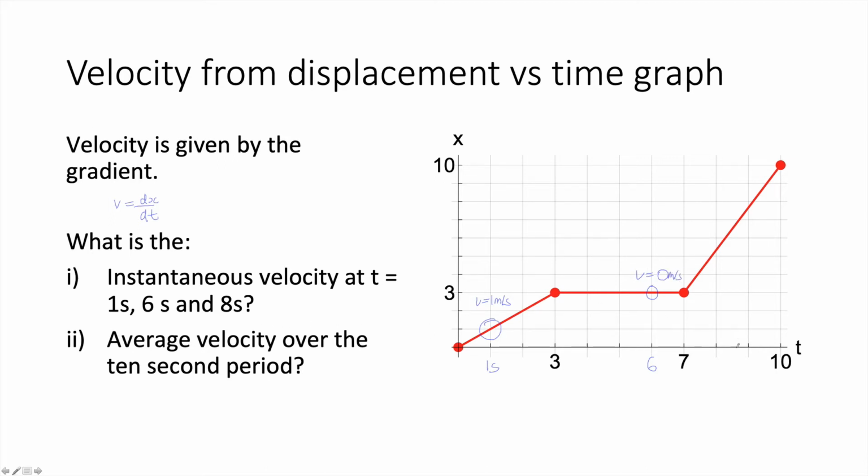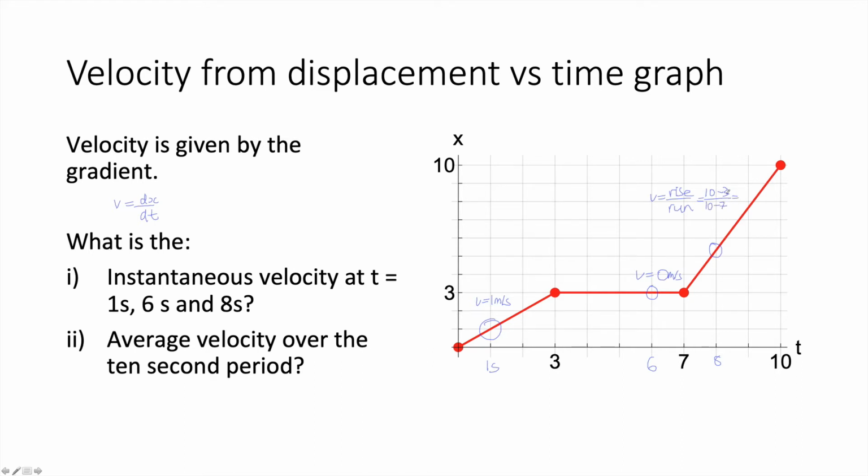And then at 8 seconds. So 8 seconds is here. Now we're trying to work out what's the velocity here, so we need to know the gradient for this part. The gradient for this part is equal to rise over run. Now we're going from 3 up to 10, so the rise is 10 minus 3, and for the run we're going from 7 seconds to 10 seconds, so this is 10 minus 7.